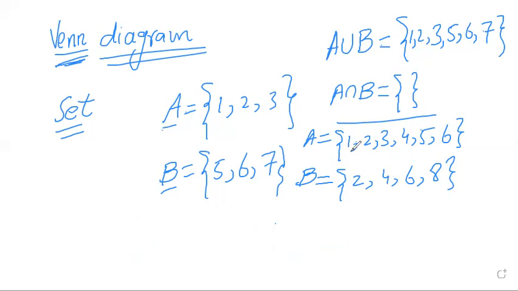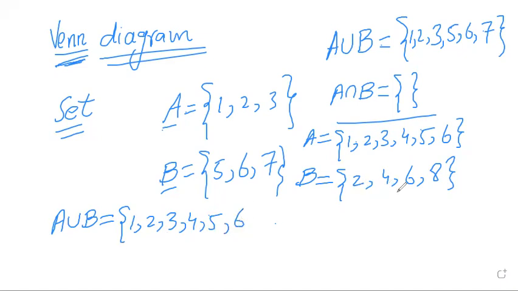Like here, if I have to write this A union B, what will it be? I will write first all elements of set A, like 1, 2, 3, 4, 5, 6.